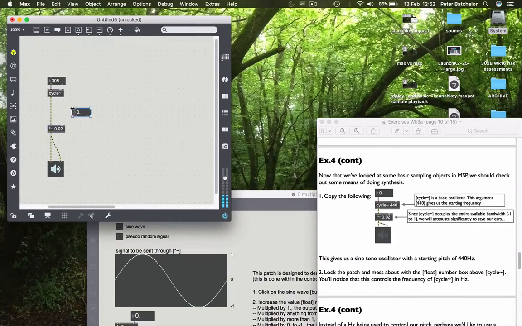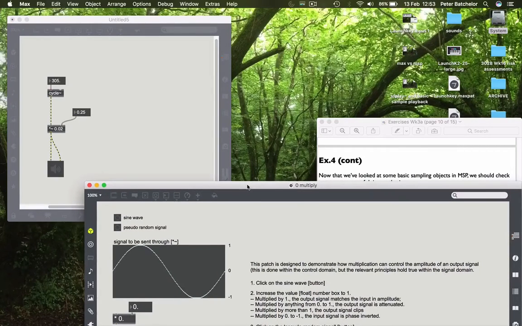And if I send a number to this multiplication object, then by changing that number up and down, I am doing exactly what I would be doing with a gain control. I'm amplifying and attenuating that signal. So why is it that that multiplication object is doing that? And why would you want to use it in the first place? Well, we'll come back to that in a minute because there's an example I want to show you where we will use it.